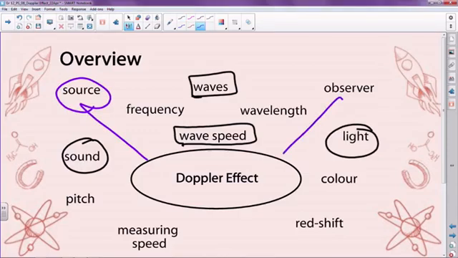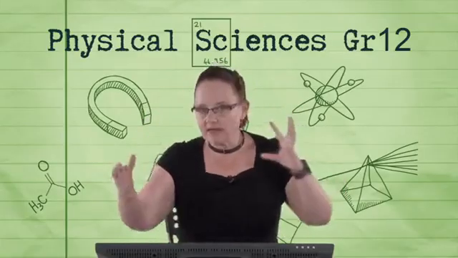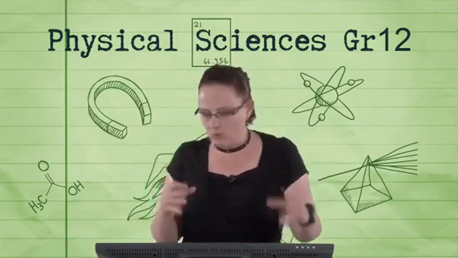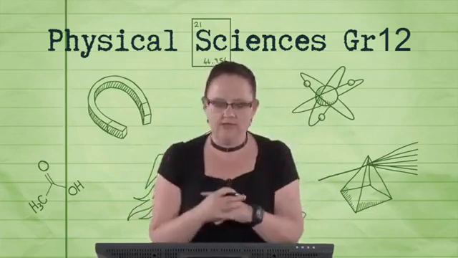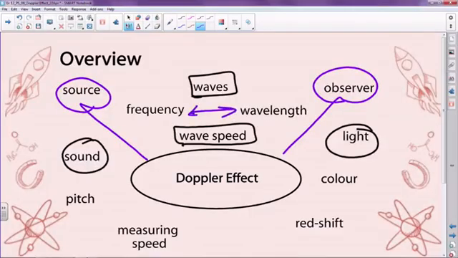We need to consider the observer, the person or the thing that observes or can detect the wave. And then what we're really concerned about in the Doppler effect is the relationship between wavelength and frequency, and how that relates to the speed of the wave or the speed of the source and the observer. So those are really important as we put them together.